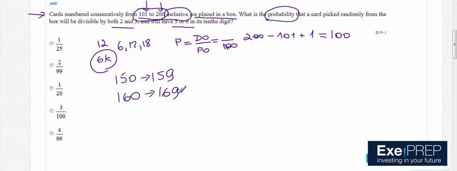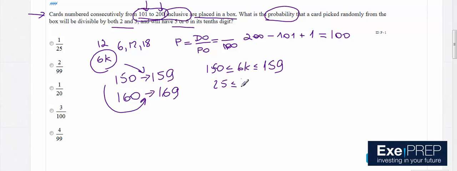Okay. Now, so our 6k, which is the formula of our number, has to be between 150 and 159 or between 160 and 169. Okay, let's put it there. 150 is less than or equal to 6k and less than or equal to 159, okay? Now let's divide both sides by 6, then we will have 150 over 6 will be 25, right?